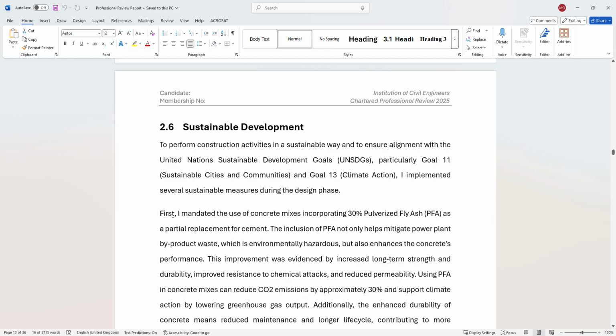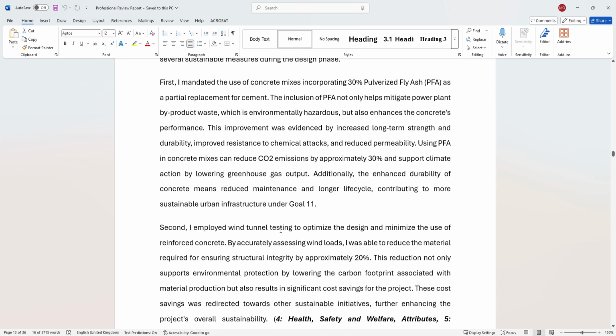So the candidate has provided a very good example of where using pulverized fly ash has reduced CO2 emissions by 30% and also helped to reduce byproduct waste. So this is a very good example on both financial sustainability and environmental sustainability.